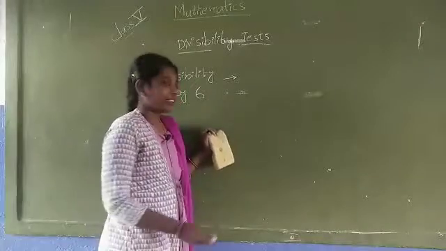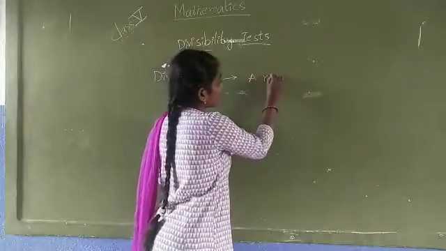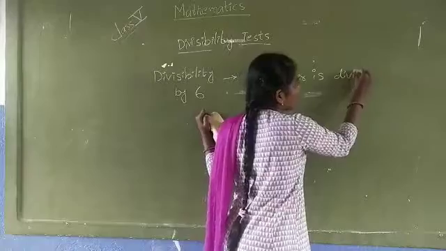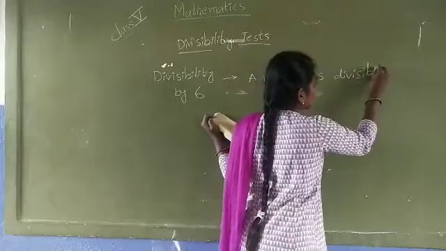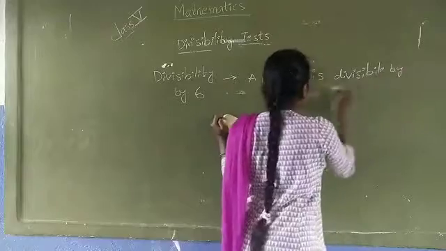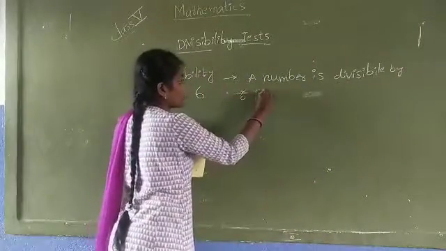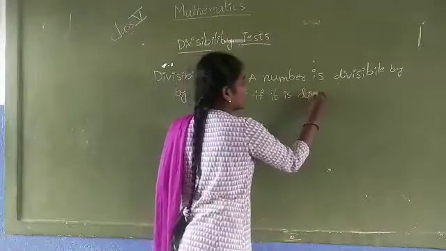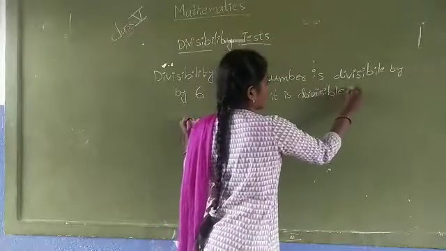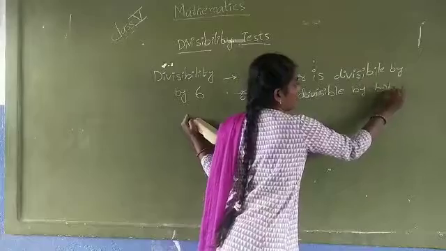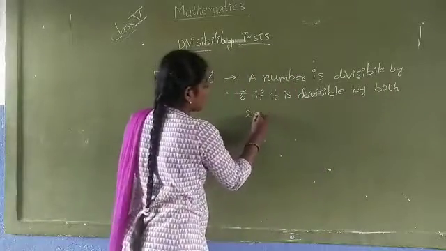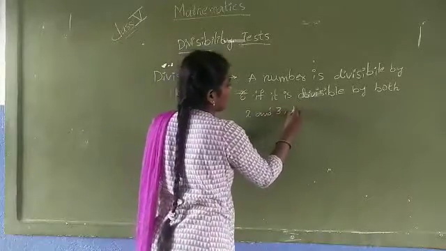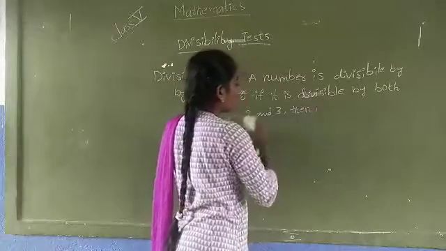The divisibility rule of 6 is: a number is divisible by 6 if it is divisible by both 2 and 3.